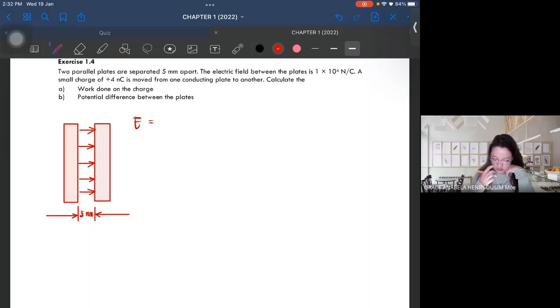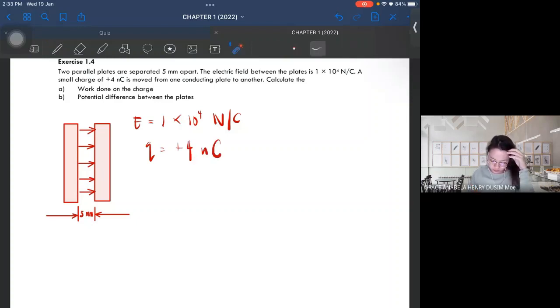The electric field given is 1 times 10 to the power 4 Newton per coulomb. A small charge of positive 4 nanocoulomb moves from one conducting plate to another. Now we have to calculate the work done on the charge.